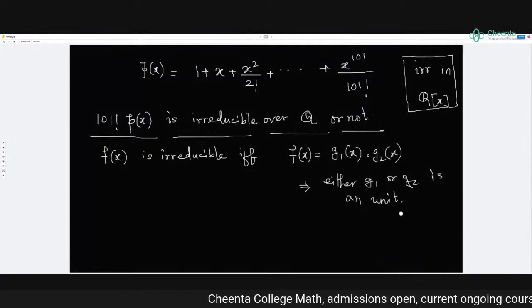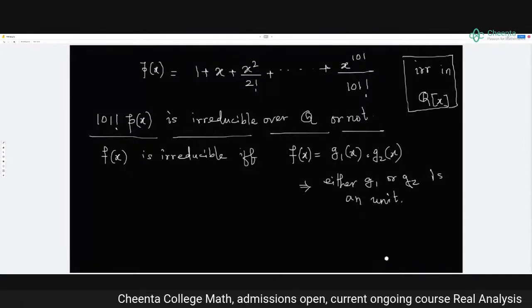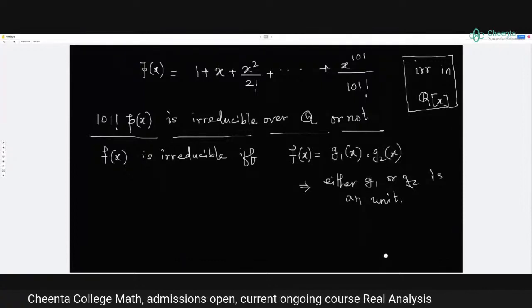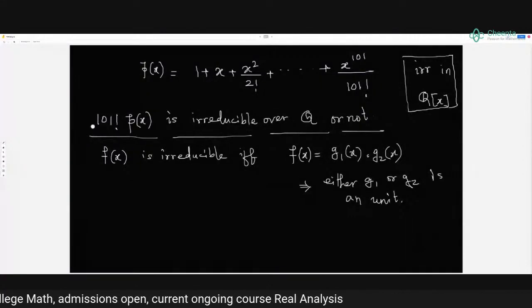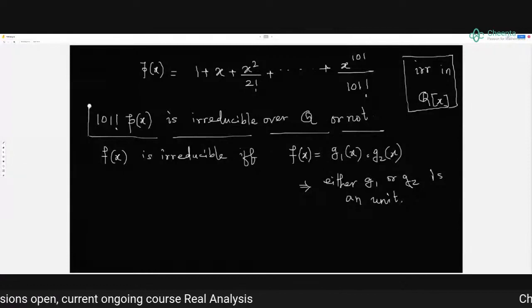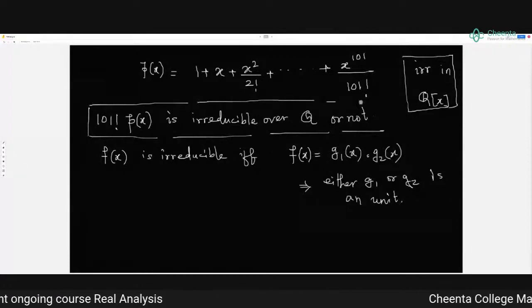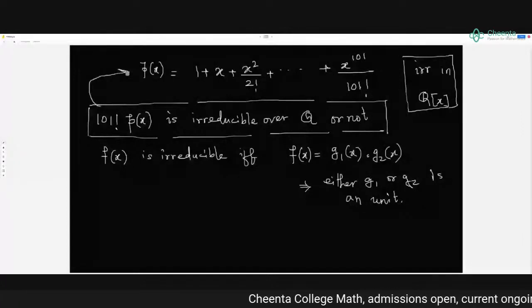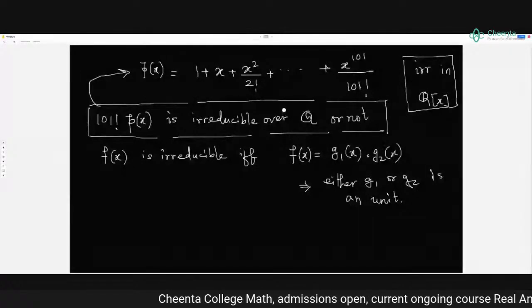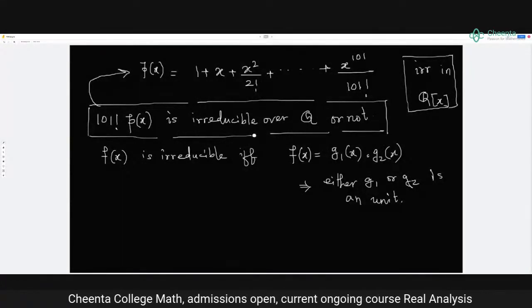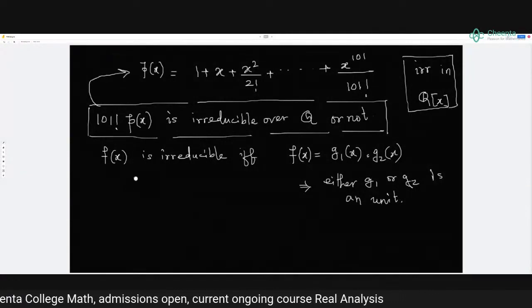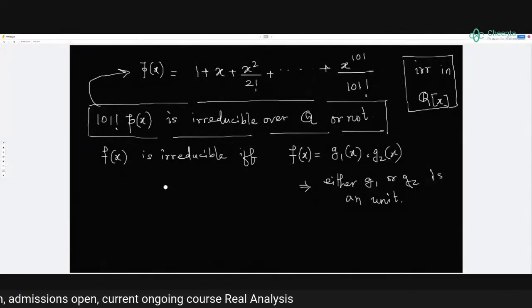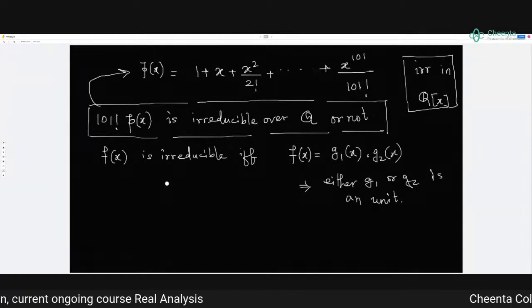That means it has a multiplicative inverse. That's what it means to be irreducible. And thus, whether 101 factorial times P(x) is irreducible over Q is the necessary and sufficient condition to prove that P(x) is irreducible over Q, because 1 by 101 factorial is always a unit in Q, right?